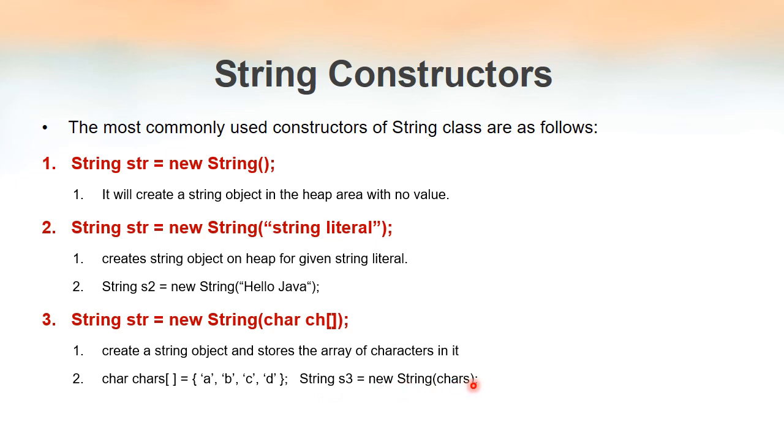For that we have to write String s3 = new String and specify the name of the array. When we write like this, a new string object named s3 will be created and the content of that string will be ABCD as a single string, not A, B, C and D separate, but combined together to form a single string. So this is the third way of creating a string object, by specifying the character array as the parameter.